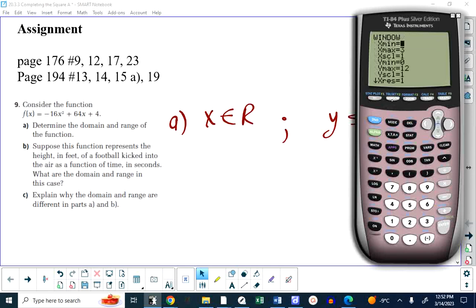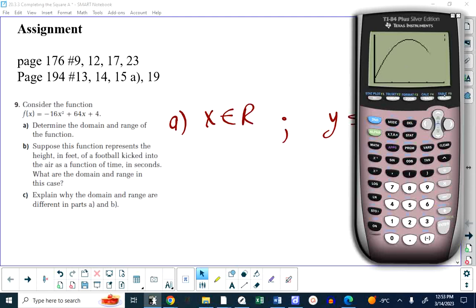I'm going to set my window to go from 0 to 4 only because I've seen footballs kicked in the air, and generally speaking, they're not in the air for more than about 4 seconds. I'm also going to look at 0 to, well, this football's kicked at quite an angle because the maximum height is 68 meters, right? Or is it feet? It's feet. I'm going to go up to 75, and I'm just going to see what it looks like.